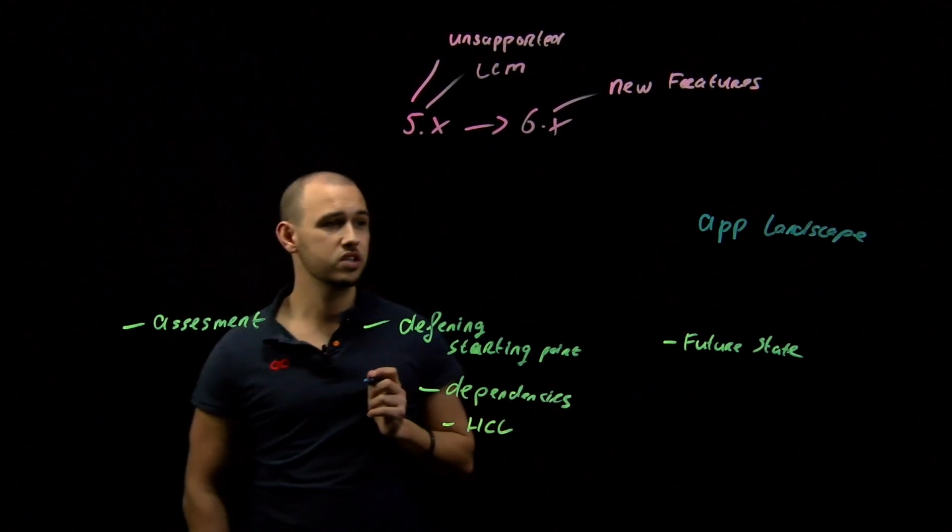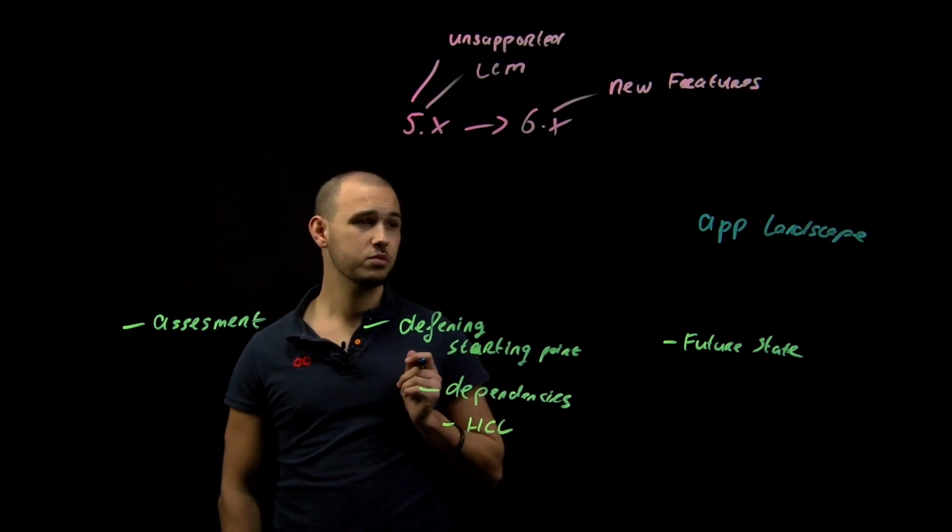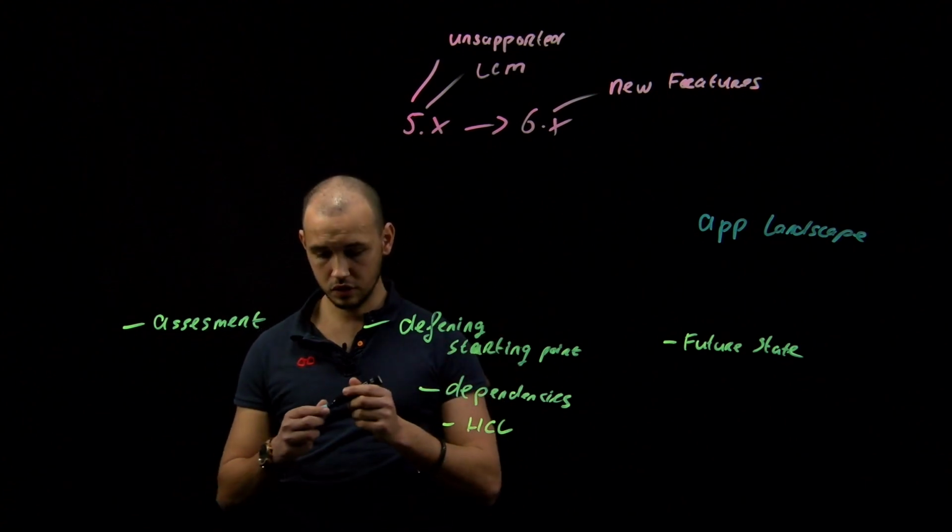When you've defined your application landscape, you know what's critical, what needs to be turned on 24/7 and cannot be turned off, and with this you can define your path.